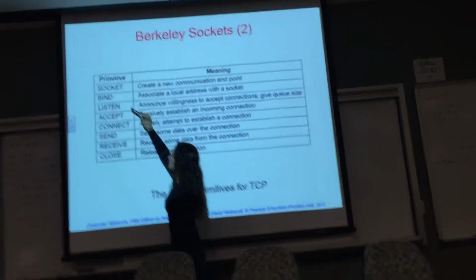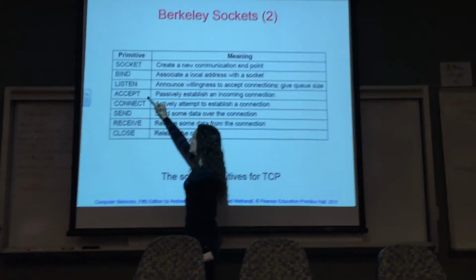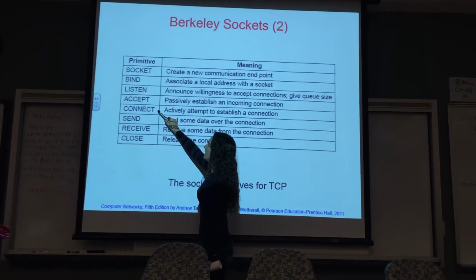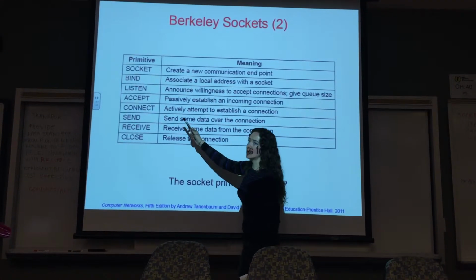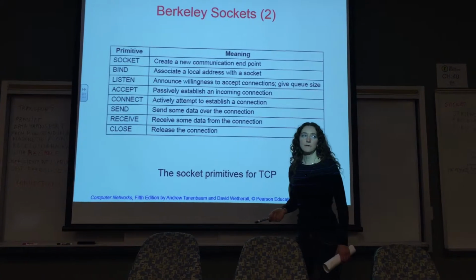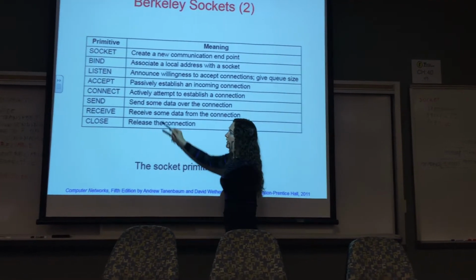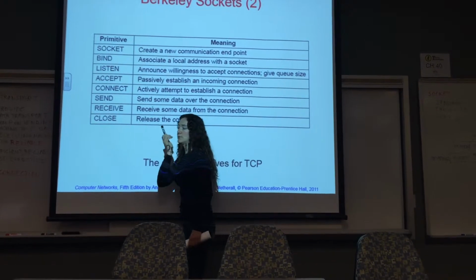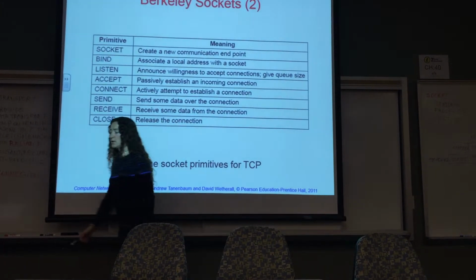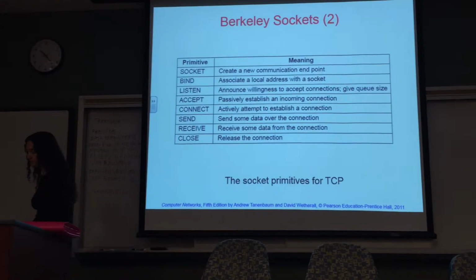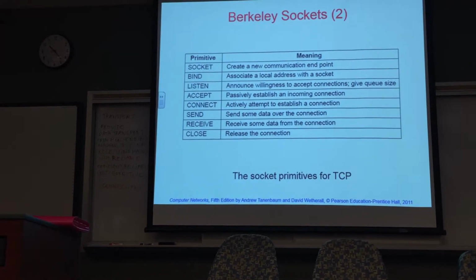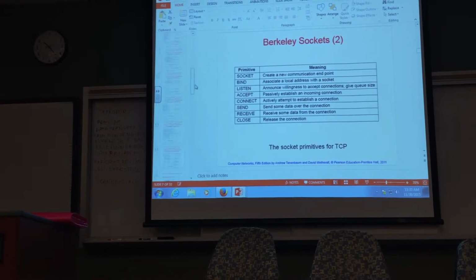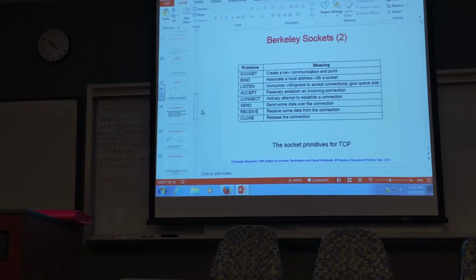When a new connection request comes in, it can accept the connection and then establish the connection. Once the connection is established, we can send and receive data on that connection. When we're finished with the connection, we need to close the connection to release resources. So let's see how this connection is established.